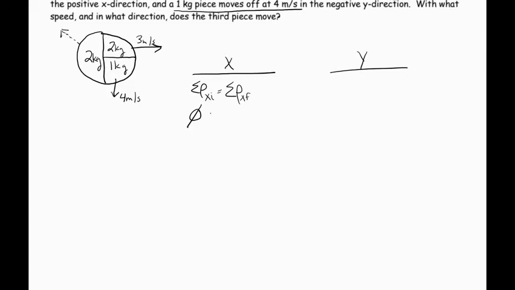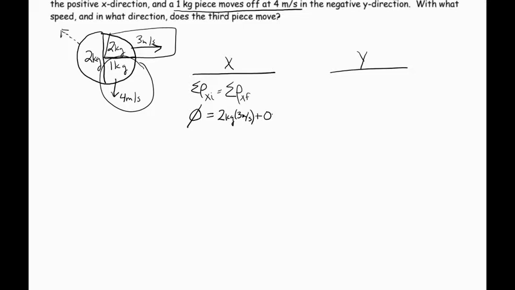Then in the end, let's look at all of our components. Well, up here, we have this 2-kilogram piece moving at 3 meters per second. Okay, then we have 0 right here because there's no X motion, right?